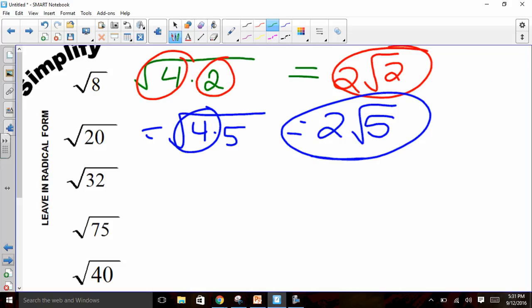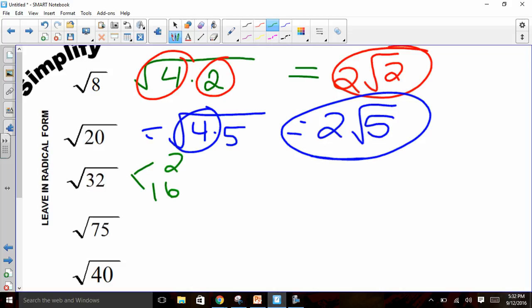So yes, granted 32 is a little bit smaller, you might be able to see what it goes into. So what I'm going to do is called the factor tree. I'm going to come up with numbers that multiply into 32. Well, I know that 2 multiplies into 32. 2 times 16. The whole idea of making my factor tree is to try and get to the smallest number possible.